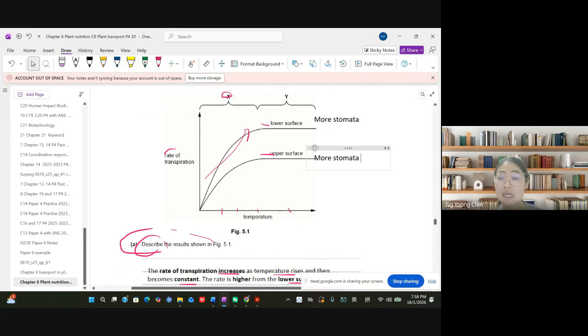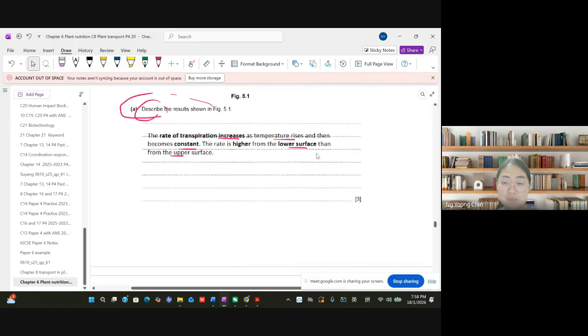That's why a higher rate of transpiration means a higher loss of water from the lower surface than the upper surface. So this means that the lower surface has a higher number of stomata compared to the upper surface.